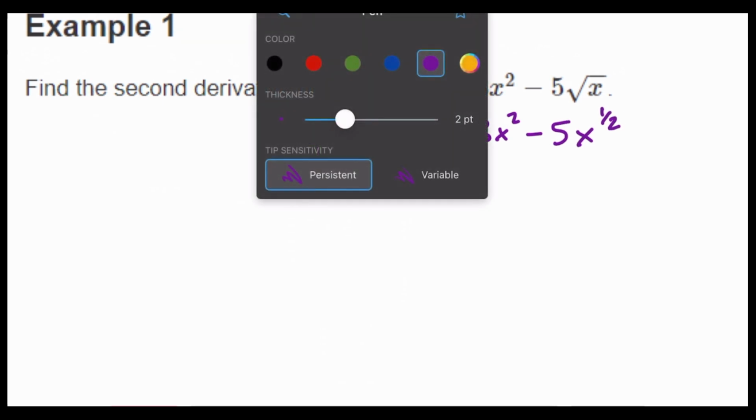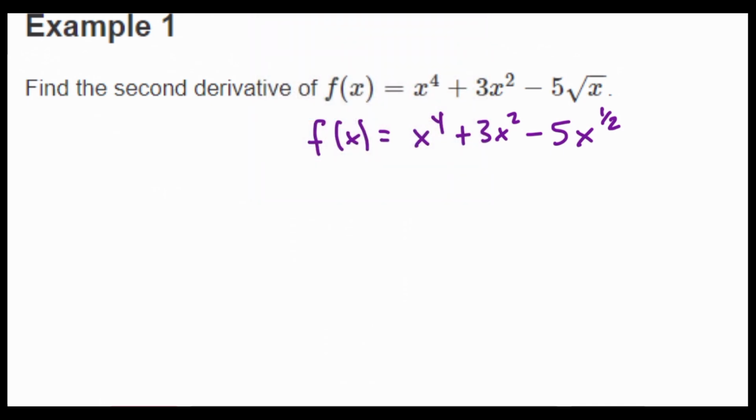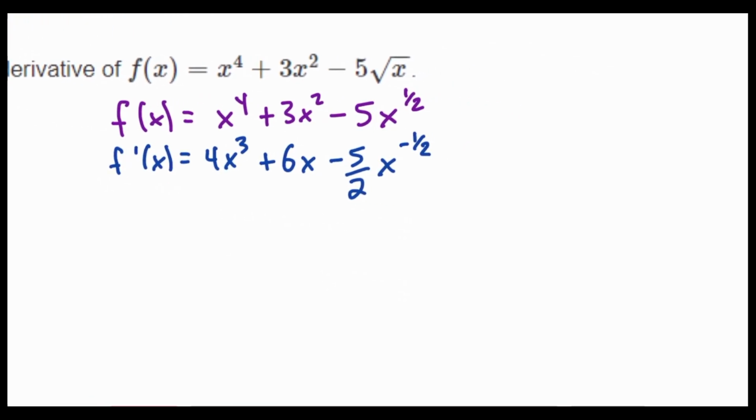Let's find that first derivative using our derivative rules that have come to be our friends over the last few weeks. f'(x) is equal to 4x cubed plus 6x minus half times 5 over 2 x to the negative half. All right, that looks fine. Now, we're not going to simplify, so don't try to collect like terms or factor or anything. Just leave it the way it is. Don't simplify.